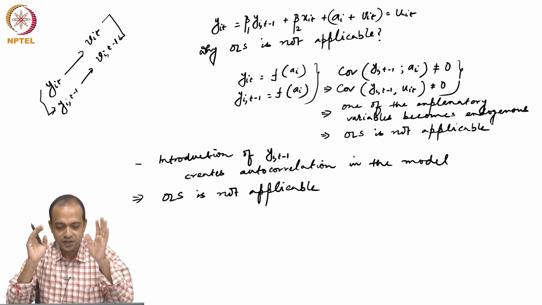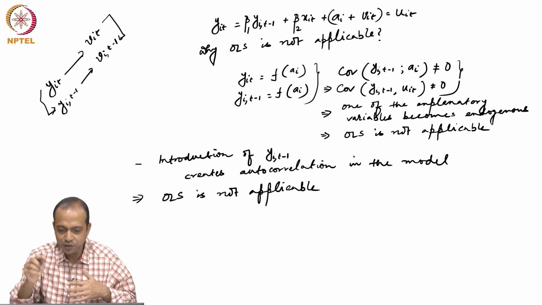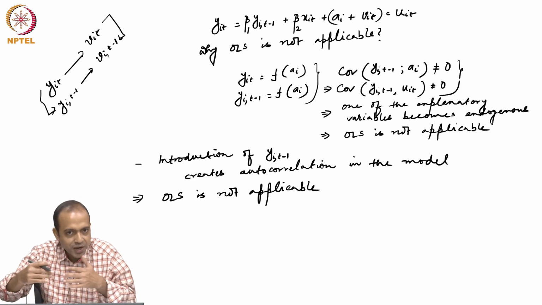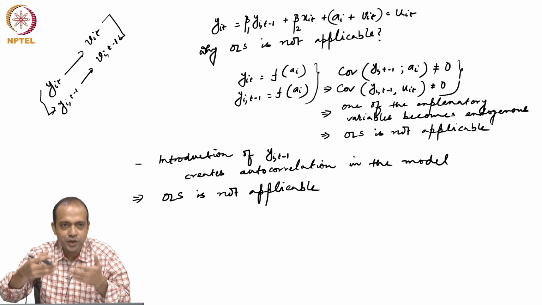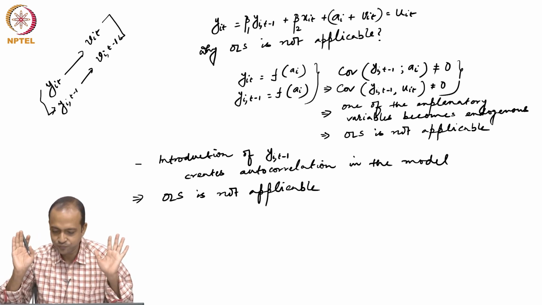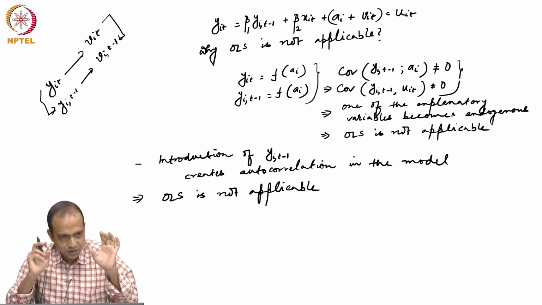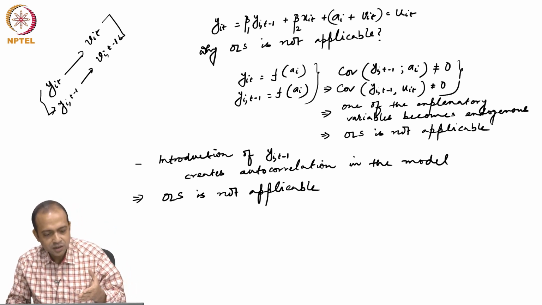Second one is this, AI is also getting carried forward over a period of time, because the AI component is there in the composite error structure. So, at any point of time, your error component will always be capturing AI, right. So, there are two types of persistence. That is why again and again we are discussing that OLS is not applicable.